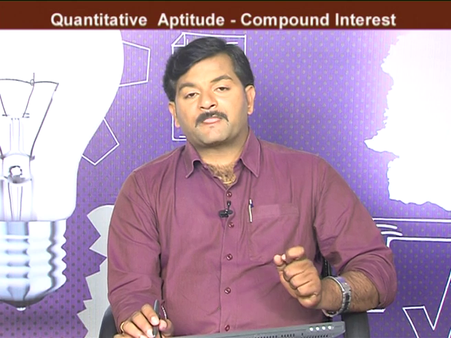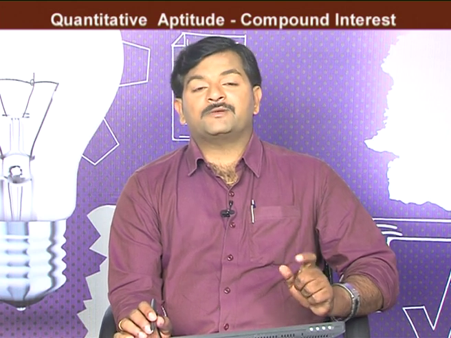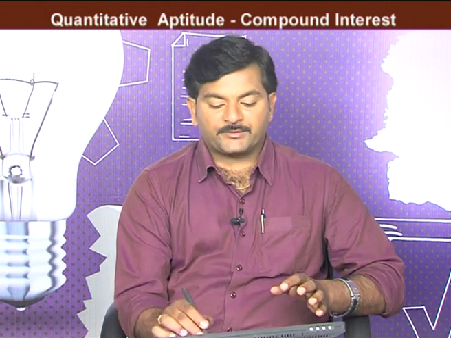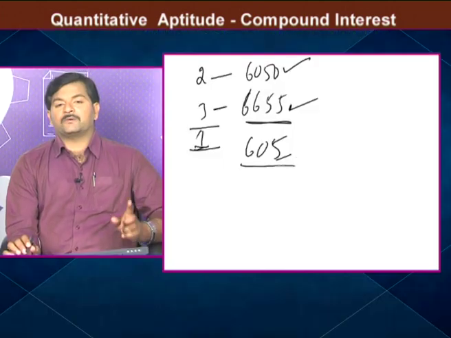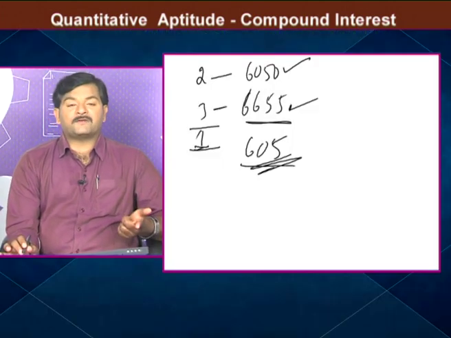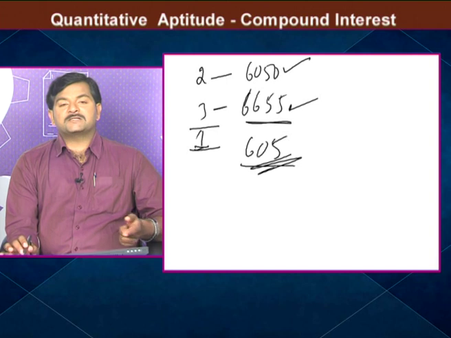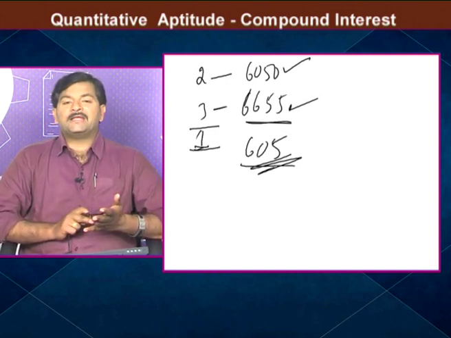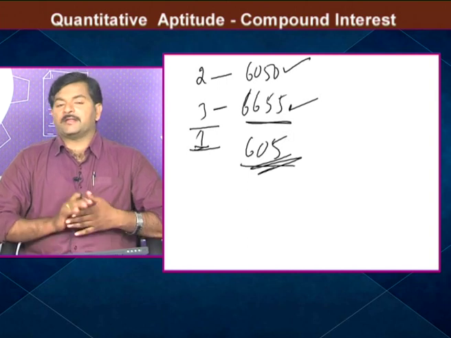See, why am I getting 605 rupees extra for the 1 year gap? Because it is obviously interest. Interest for how many years? Interest for only 1 year. But on what sum? Because we know one thing, usually the second year amount is considered as principal for the third year.